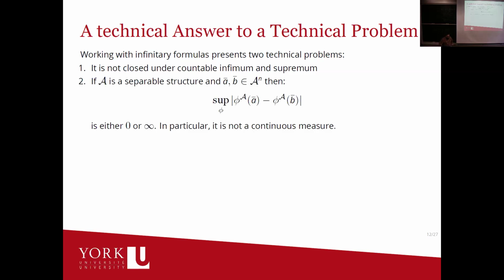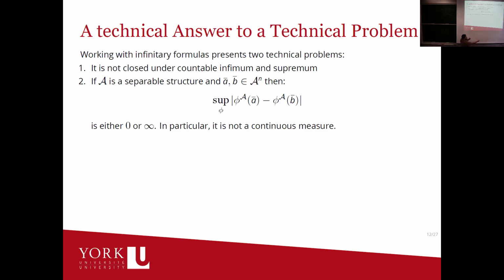There's also this other weird thing, which I don't have the time to fully explain, but for historical reasons, if you've seen the work of Scott and you try to build it into continuous logic, you'll often end up wanting to think about this quantity.